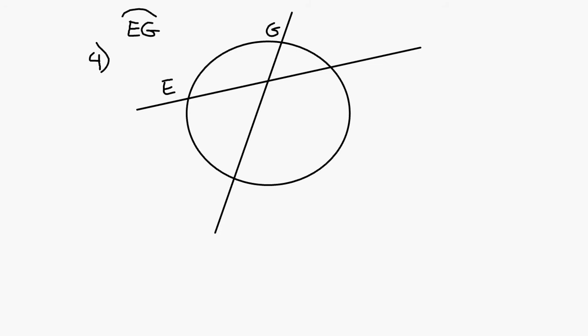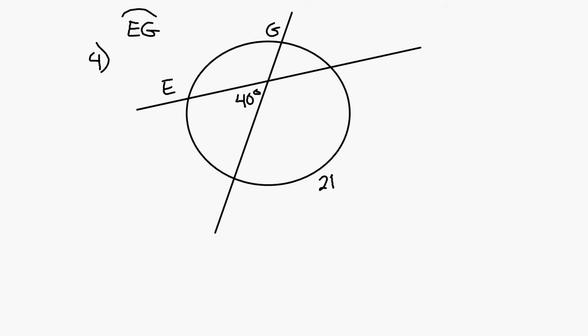Arc EG. Unfortunately, your teacher didn't give you any numbers on that problem. So let's make that a 212, and we'll make this a 40. Okay, so what I need you to add into this picture right now, put a 40 degree angle right here, and put a 212 right here.